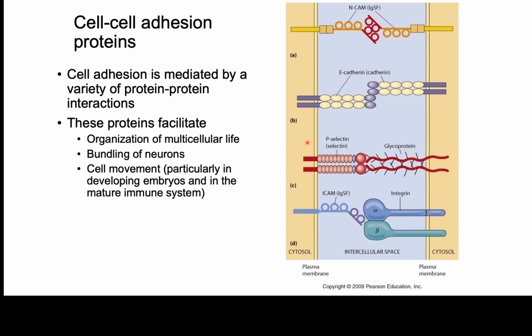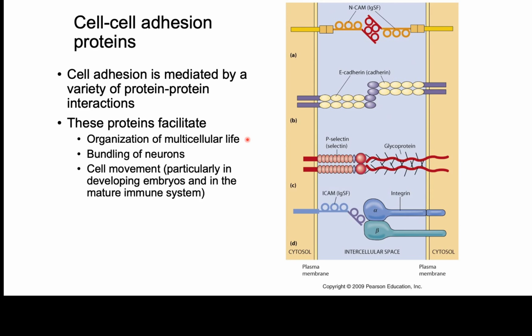Sometimes it's to help stick together in a tissue. Sometimes it's selecting and recognizing different cell types to each other. And all of these work together to organize multicellular life. So the fact that we're able to make up tissues in different pieces is based on these protein interactions.